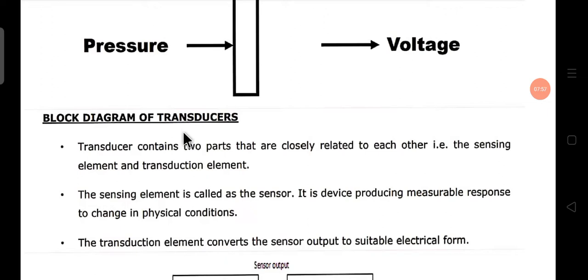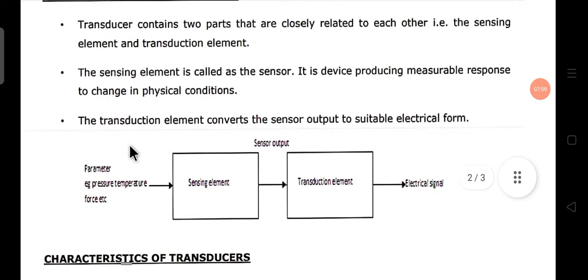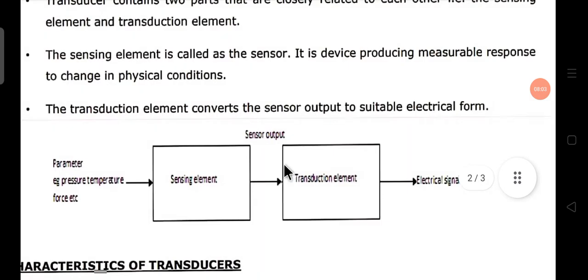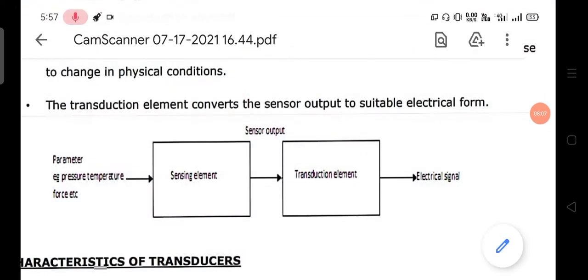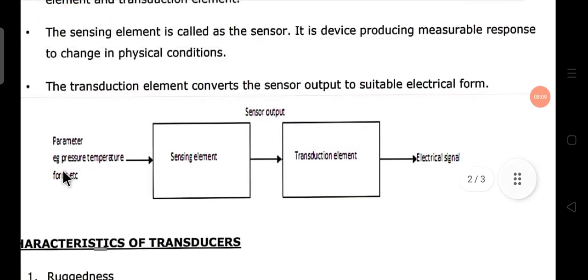Now, this is the block diagram of a transducer. This is the parameter, that is pressure, temperature, force, etc. Here you apply the parameter to the sensing element, then the sensor output goes to the transducer element, and after the transducer element we get the electrical signal.